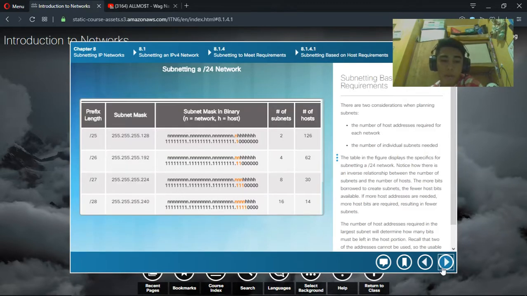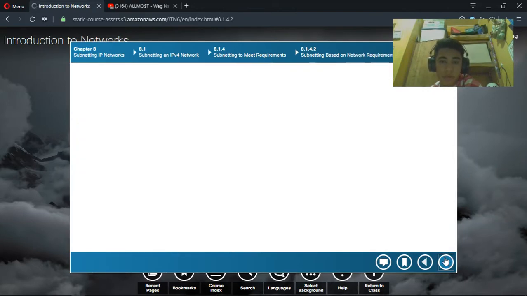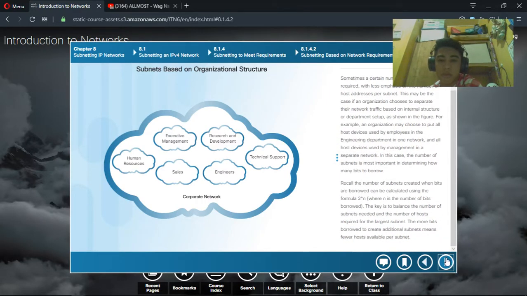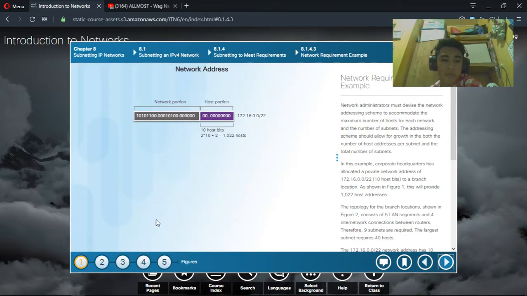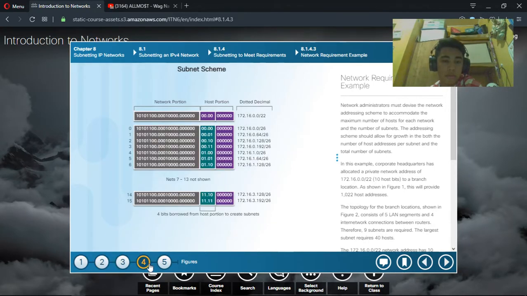Subnetting based on host requirements. 128. Okay, it becomes 0, 128.